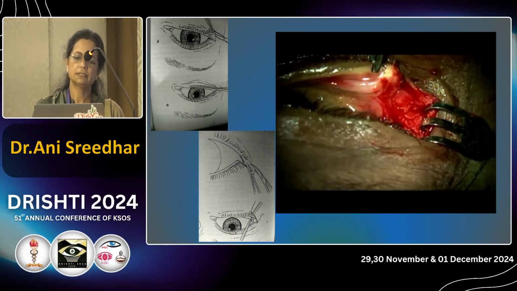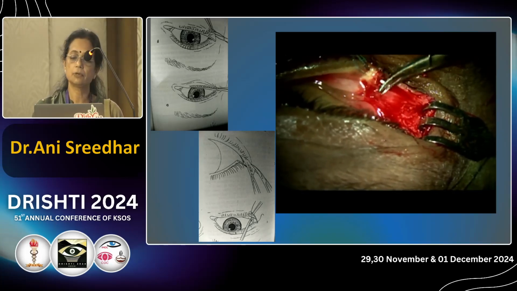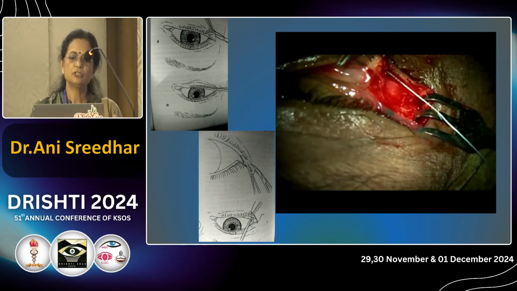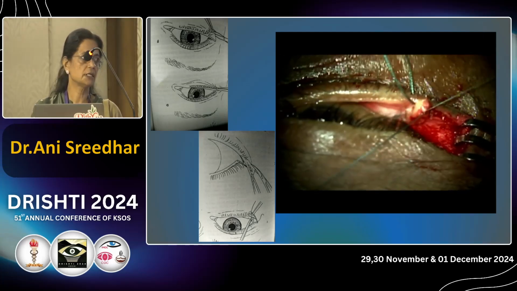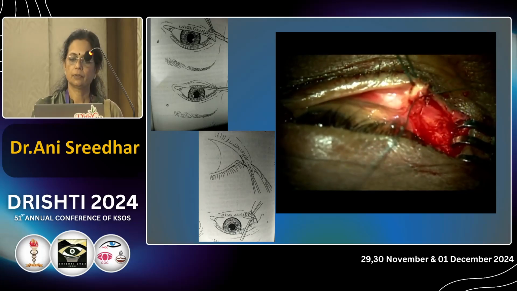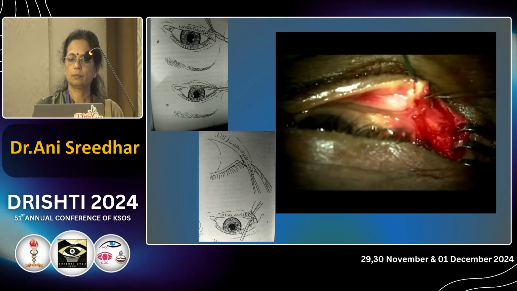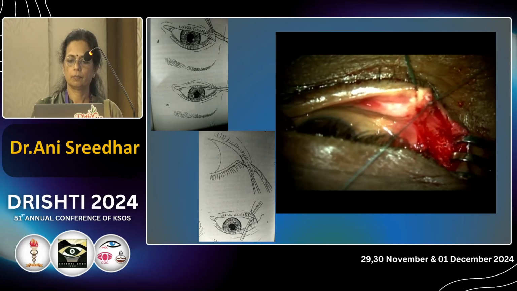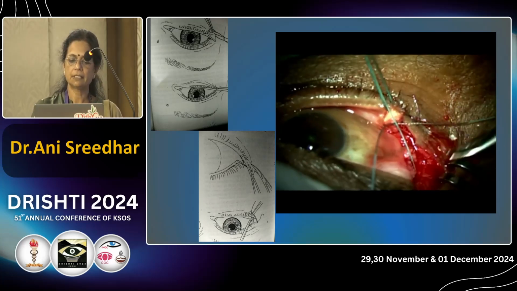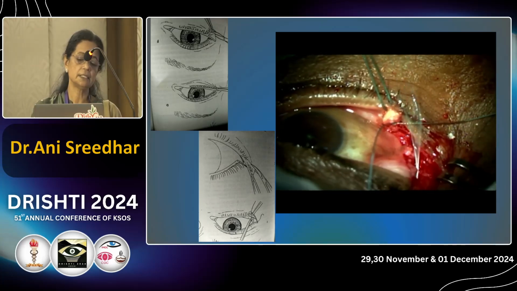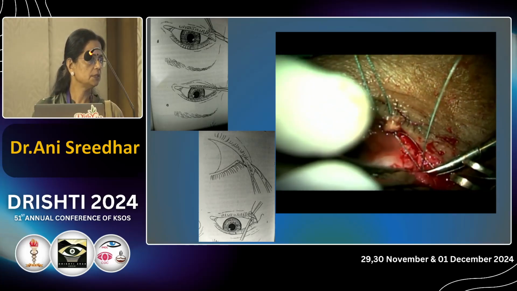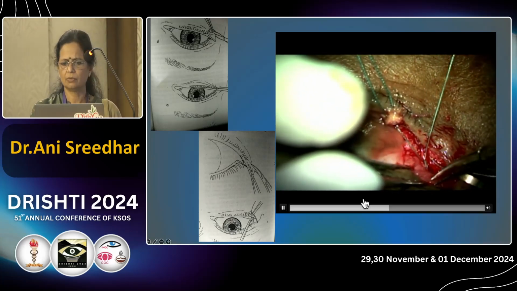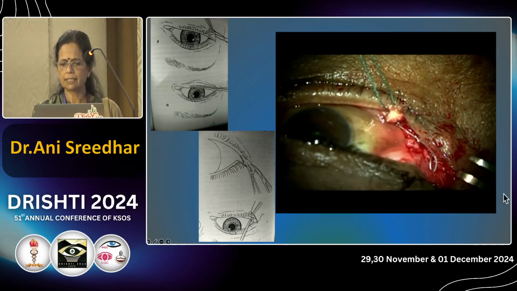And then pass double-armed 5-0 Ethibond sutures. When you are suturing tissues under tension, always put a knot and then suture, otherwise it will cut through. So put a knot there and then pass it to the lateral orbital margin above the lateral orbital tubercle. I have overpassed, it's okay, I'll finish it off. And then shorten the skin also.